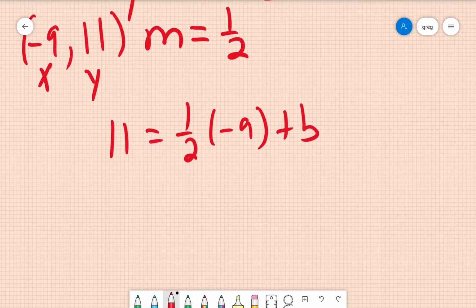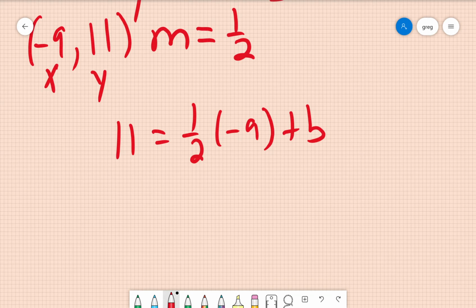Now the rest of you go ahead and figure this out. Find your b, and then write the parallel equation. You might have a decimal, but you should be fine.